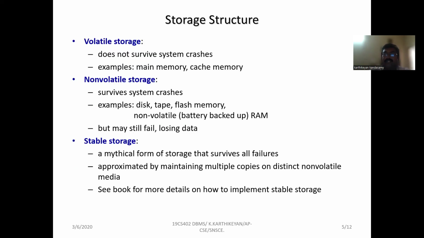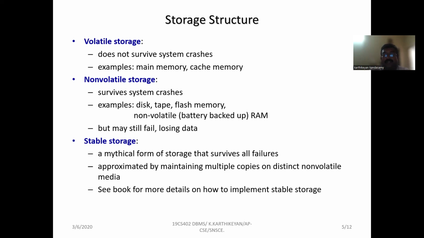For storage structures, we have three types: volatile storage, non-volatile storage and stable storage. Volatile storage does not survive a system crash, for example main memory and cache memory. Non-volatile storage survives a system crash, for example disk, tape, flash memory, and battery-backed-up RAM, but it may still fail, losing data.